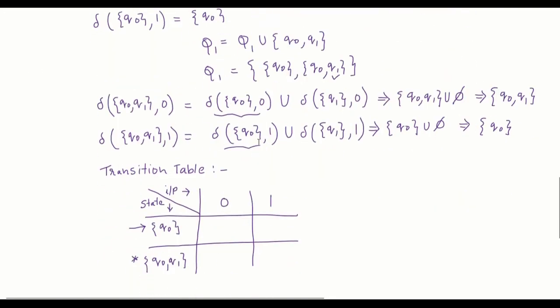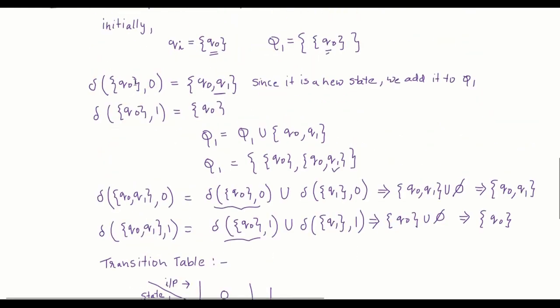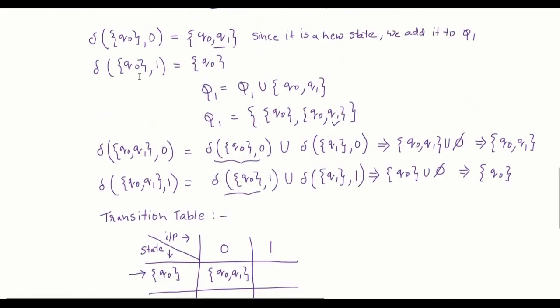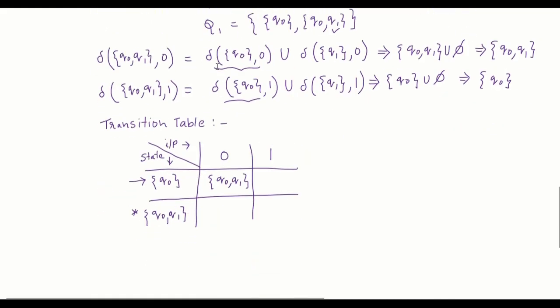Now, let's fill this transition table. Transition of state Q0 on reading 0 is where? From state Q0 on reading 0 it goes to Q0 Q1, so I am going to simply fill this. Q0 on 1 goes to Q0.